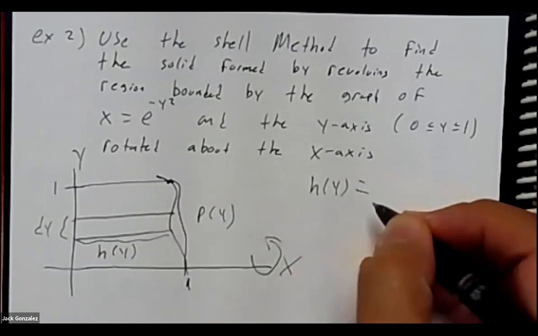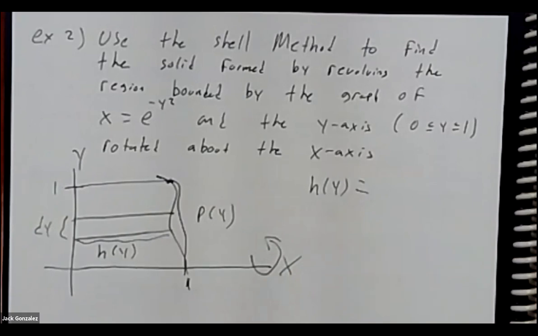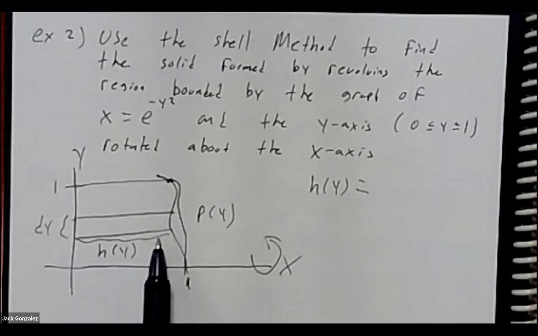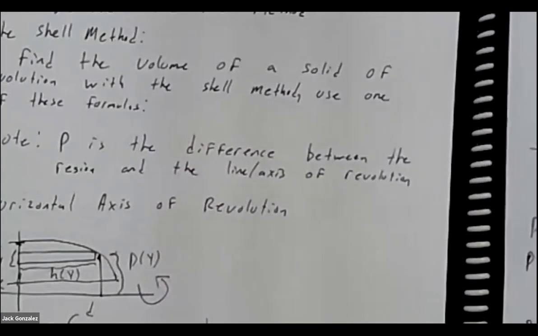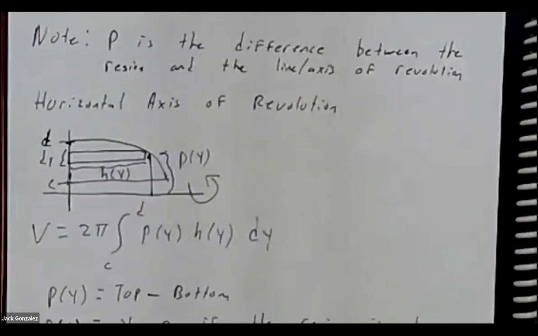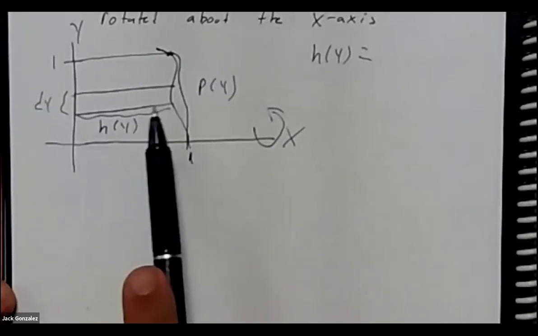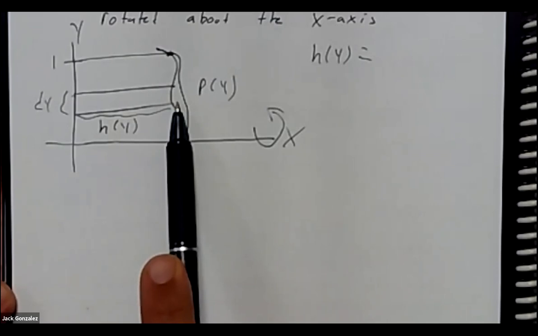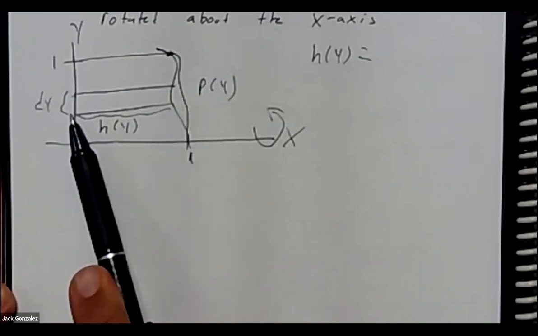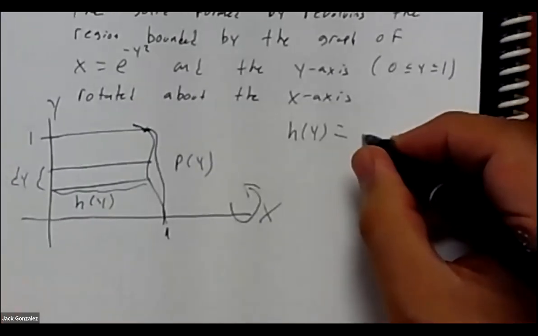Let's do the easy one first, h, the height of the rectangle. Let's look at the rules. For height, it's just the right minus the left. So the e function minus 0. This is no big deal, something we've been doing a lot already.